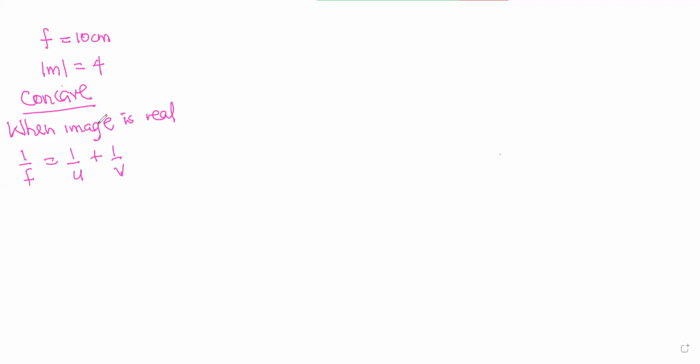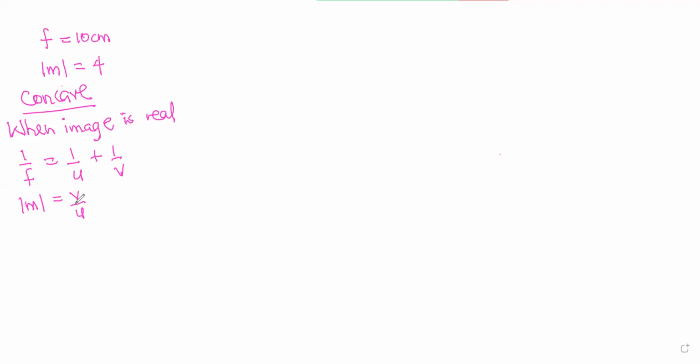We are considering the image to be real, so V is positive. The linear magnification is V over U. Most times, I see students writing minus V when they get a virtual image.